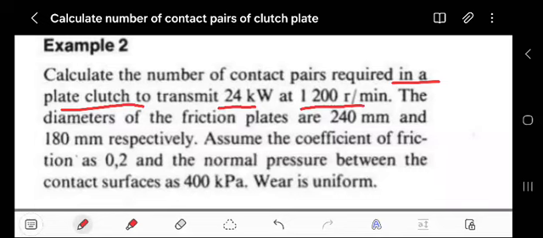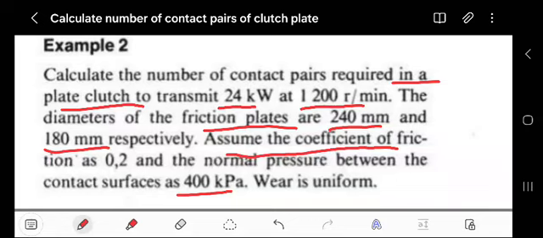The diameters of the friction plates are 240 millimeters and 180 millimeters respectively. Assume that the coefficient of friction is 0.2. The normal pressure between the contacts is 400 kilopascals.